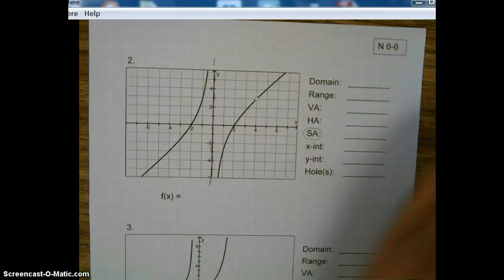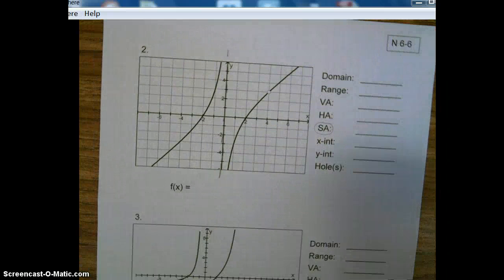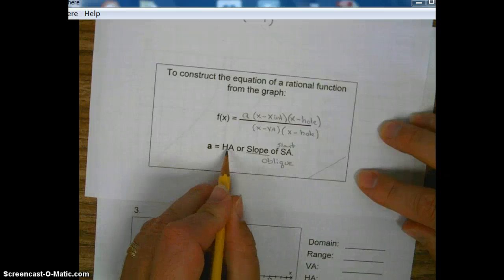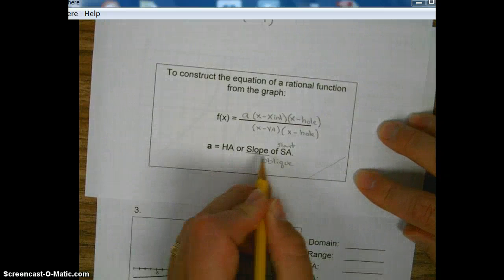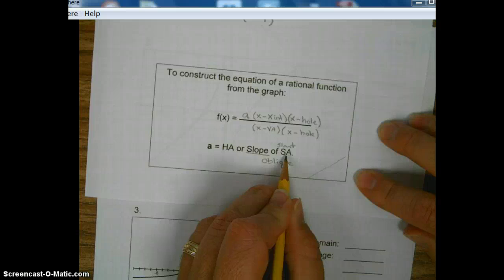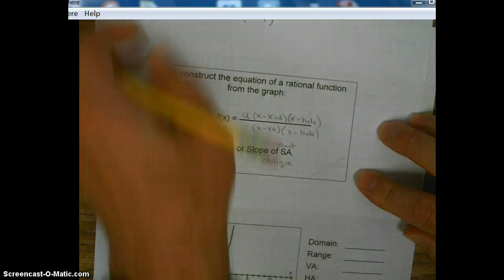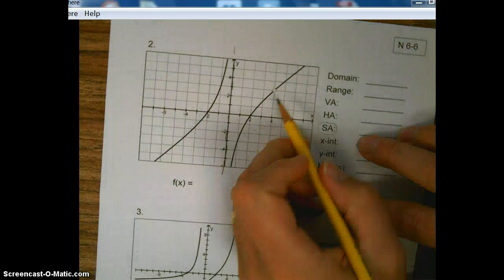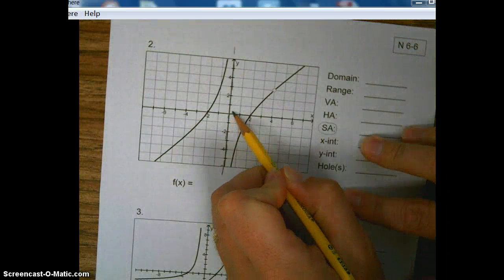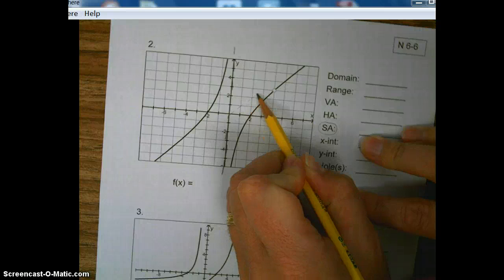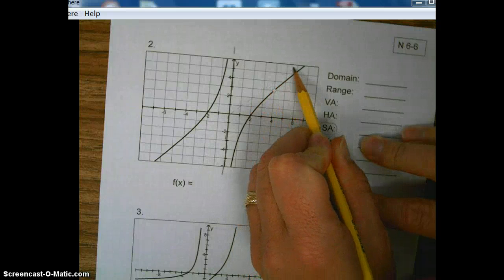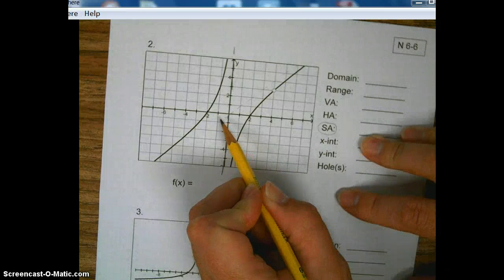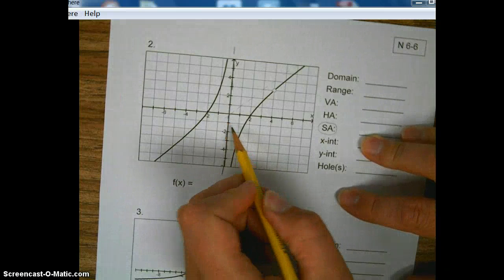All right, let's start building. So A is going to be our horizontal asymptote, which it doesn't have, but it's the slope of our oblique asymptote. So in this case, it's going to go right through here.